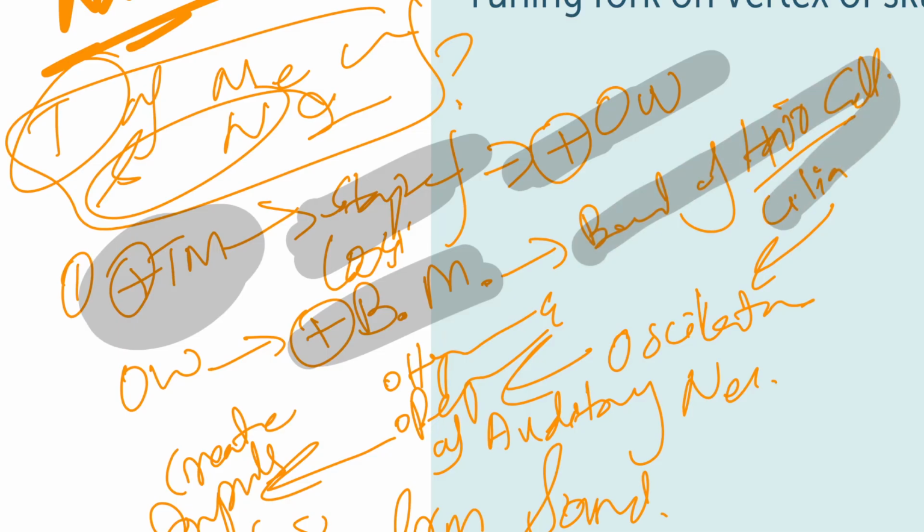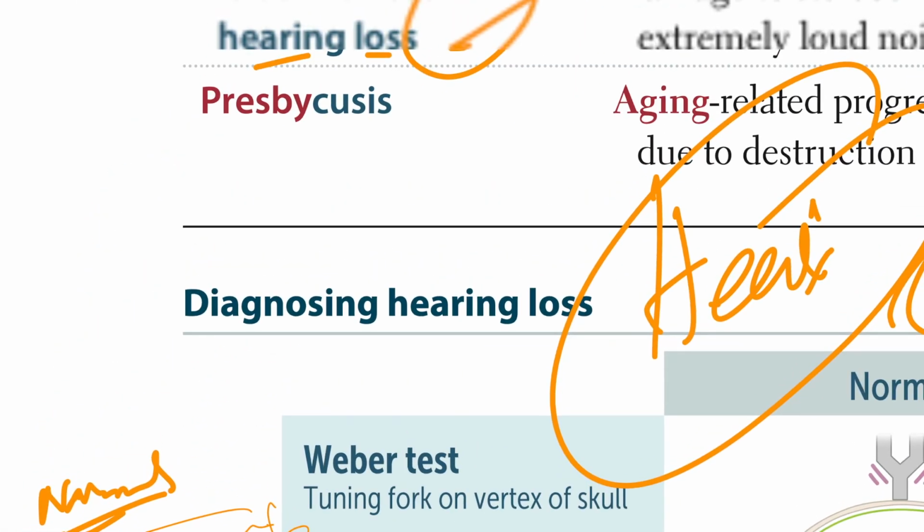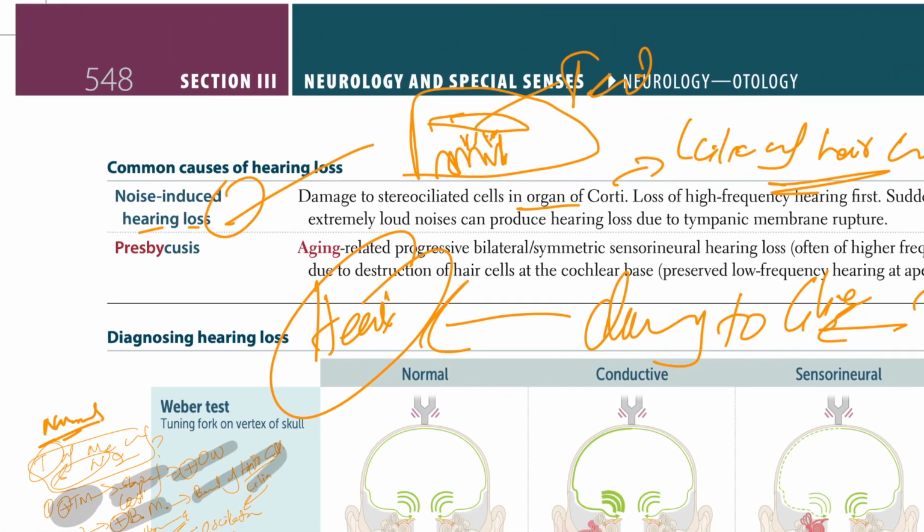For example, as I mentioned right here, these are the hair cells, we have cilia up top. When we stimulate this basilar membrane, it's going to stimulate these hair cells, and these hair cells have their cilia up top. So the cilia will go into oscillation and they will move.